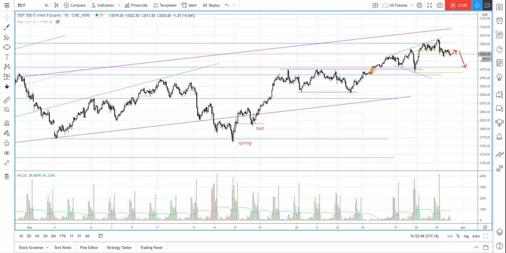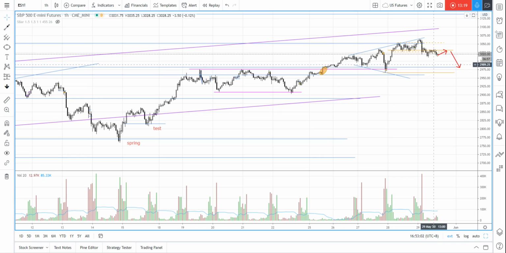All right, so we talked about the bias and the key levels, and back to the bias for day trading. For today, I'm actually looking to trade it down, but if it happens to be around this region, the support level 2980, then definitely I'm looking for potential long opportunities.